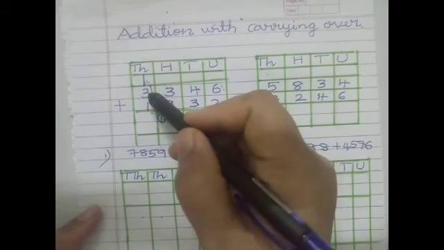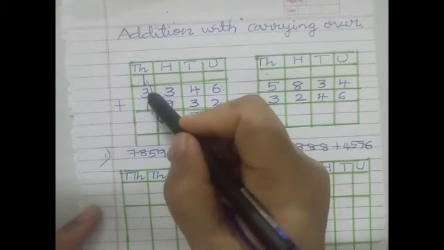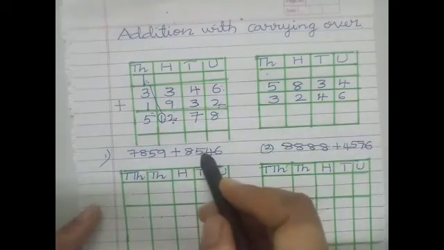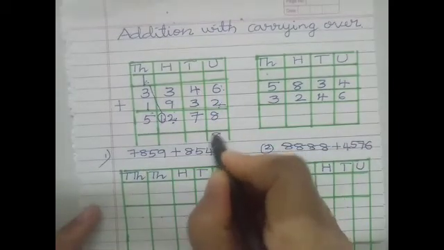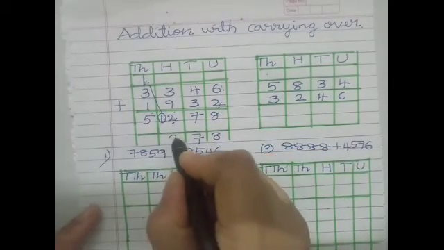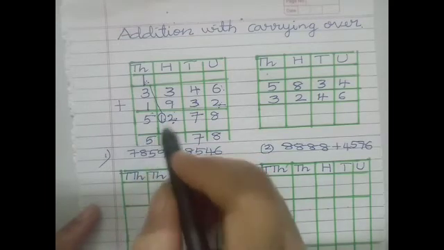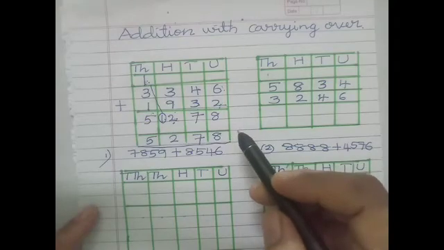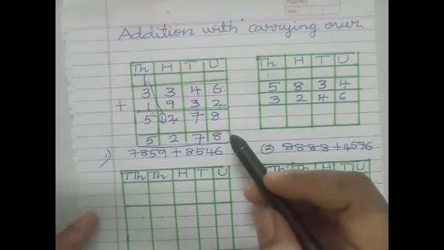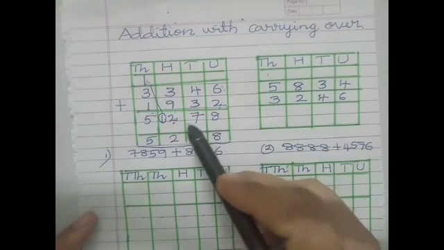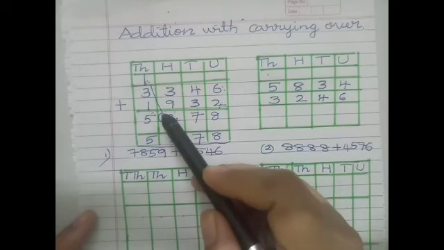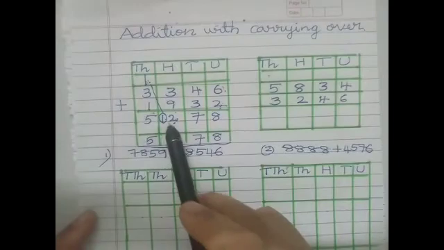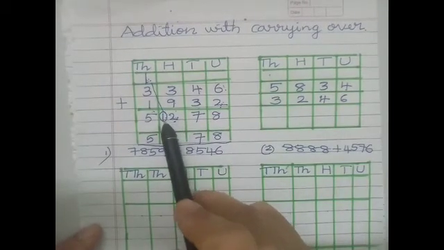So 1 plus 3 is 4, 4 plus 1 is 5. So the final answer is 8, 7, 2 and 5. This is how we are going to add the numbers with carrying over. Here there is no need to show the arrow mark every time. This is for one example I have shown to you.